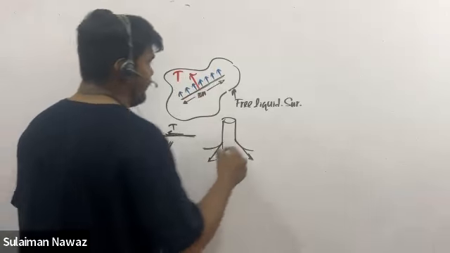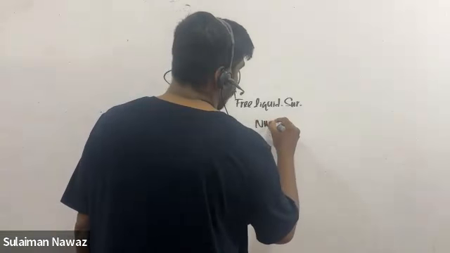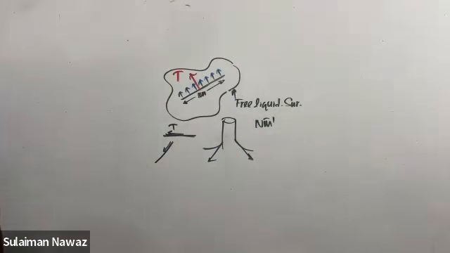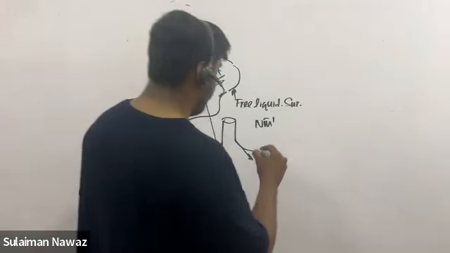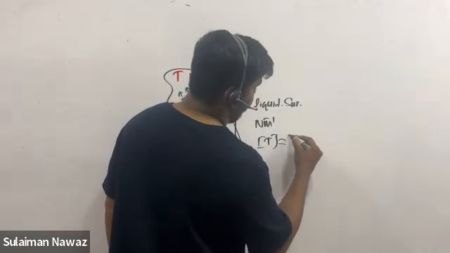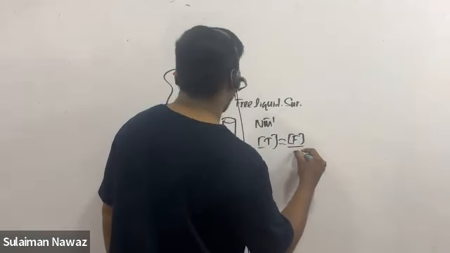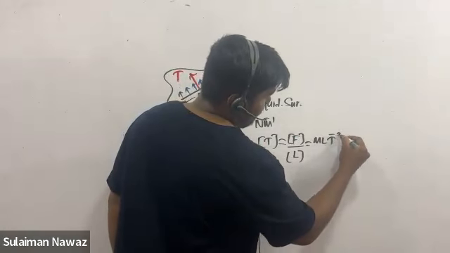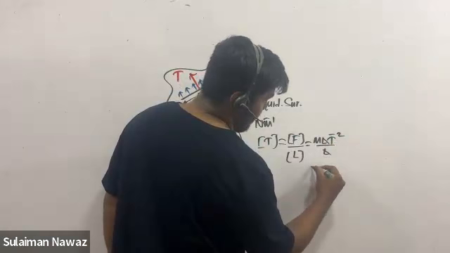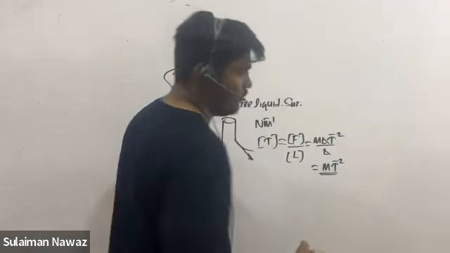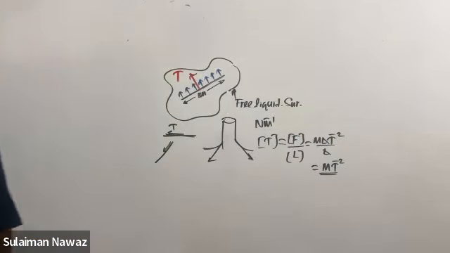So the unit is newtons per meter, right? And the dimensions of the surface tension coefficient will be the dimension of force over the dimension of length, MLT^-2 over L. Therefore, the dimensions of surface tension are MT^-2.